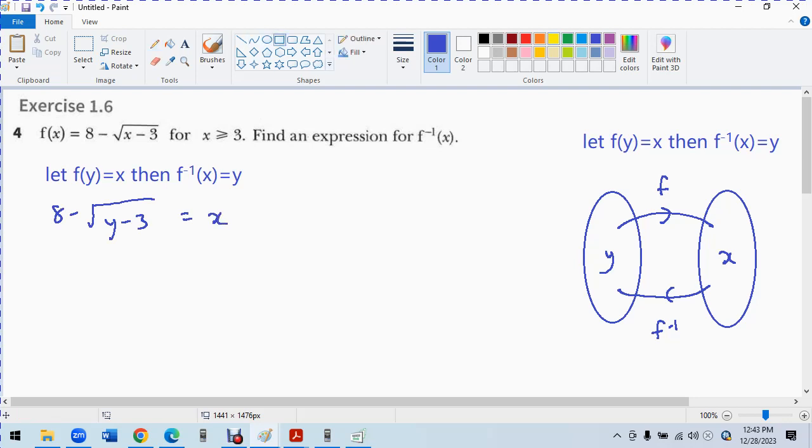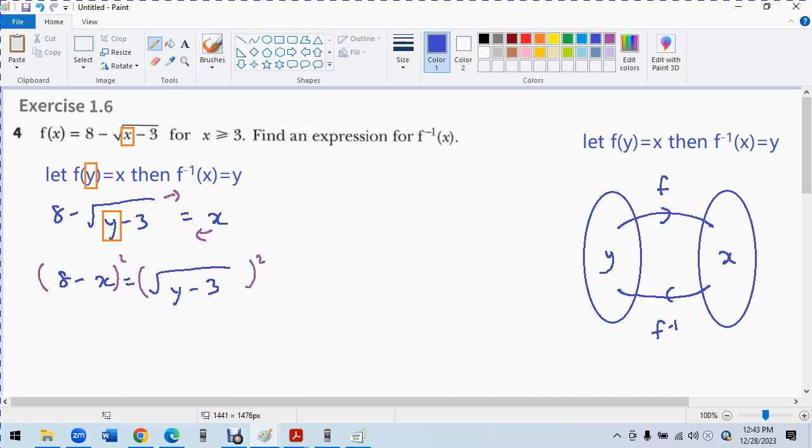So we have the f(y), then we substitute y here. Now we want to write y as the subject. So what I do here is I move this, so we have 8 minus x equal to square root y minus 3. Next we will square both sides.